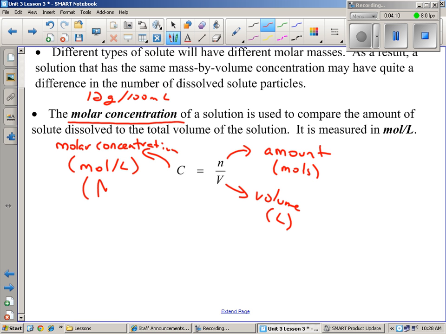Sometimes you will see a big M here, and you think, oh, that must be molar mass. The answer to that is not necessarily. The big M refers to molarity, as it's called, very common with acids. You may hear that term as well.